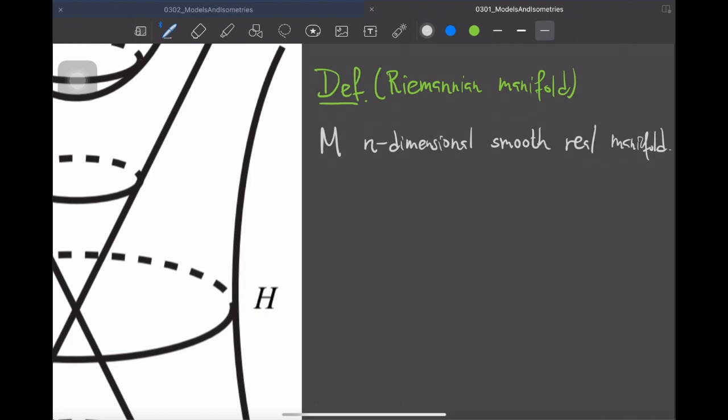Together with a function, and so it's a function g that to each point in M associates an inner product. Right? So an inner product is in particular a bilinear form, right?